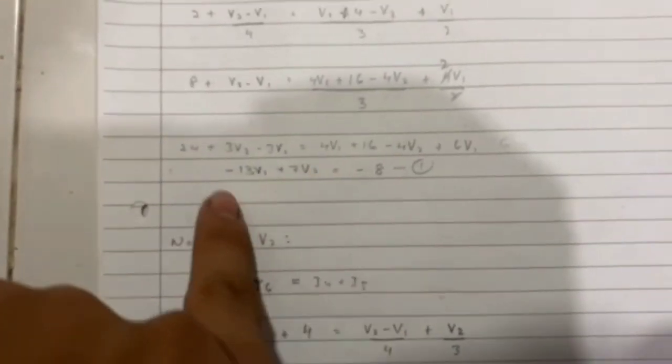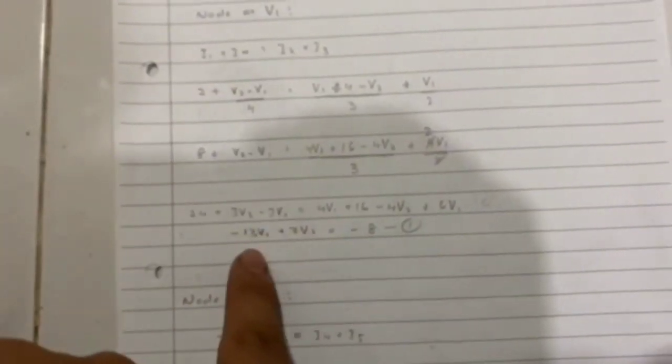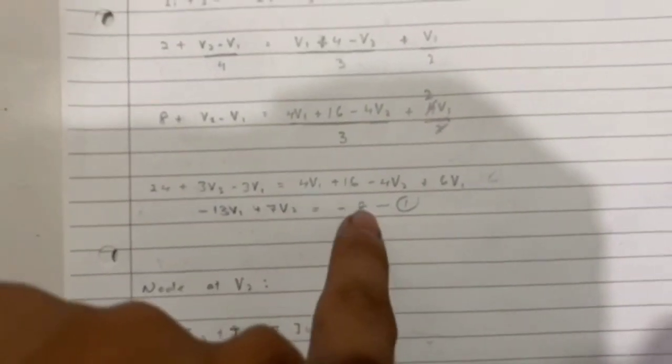If we simplify it, we get the first equation: negative 13 V1 plus 7 V2 equals negative 8.